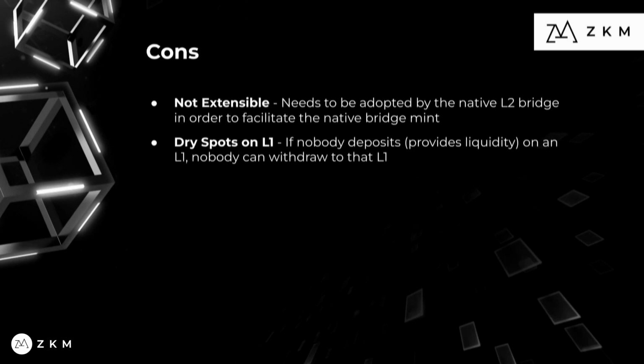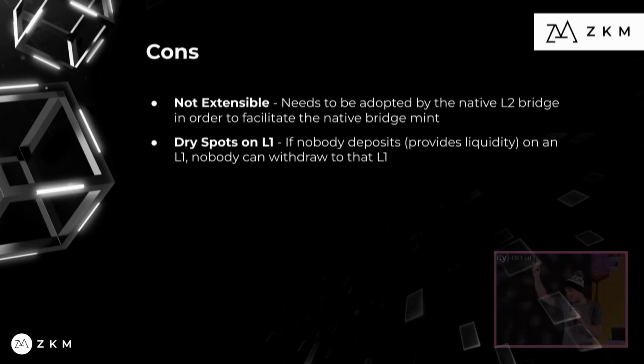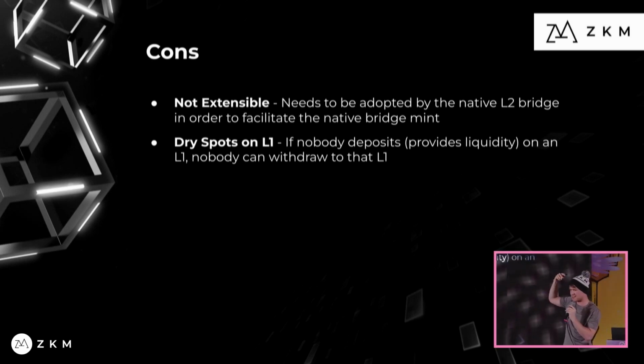Now there are cons, right? Remember the three things that I mentioned: trustless, extensible, and liquidity optimized. Unfortunately, in order for this model to be adopted, it needs to be implemented by the L2 that would allow the minting of assets on their L2 through this ZK proof protocol.